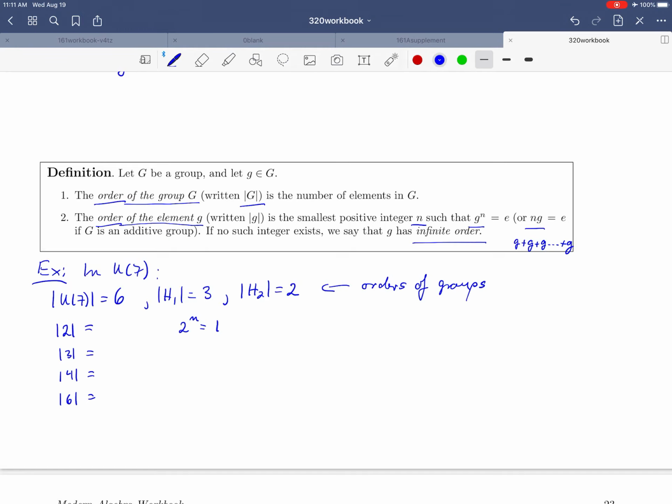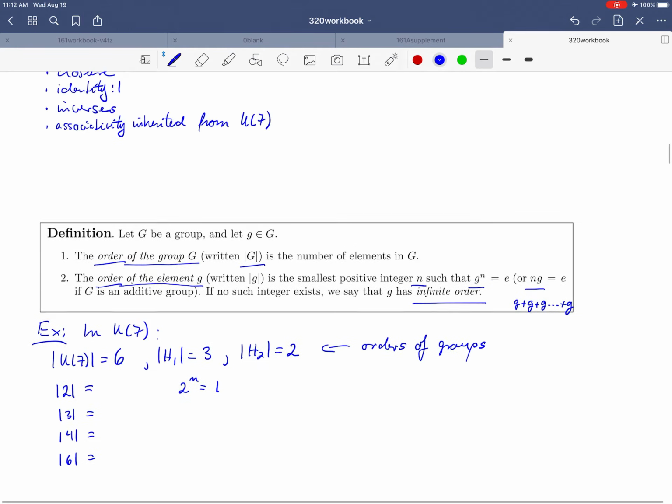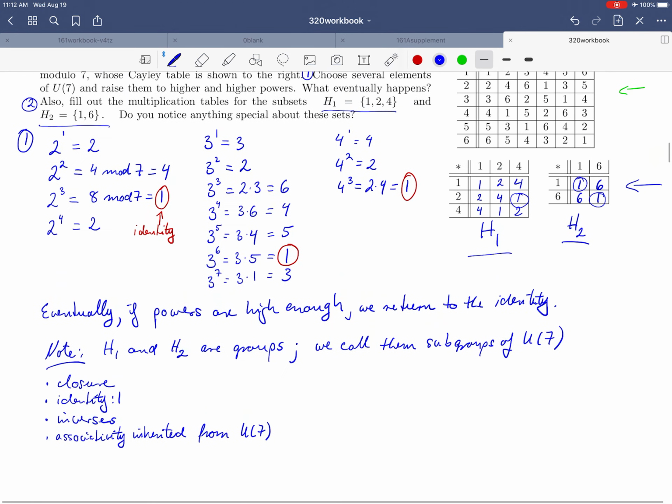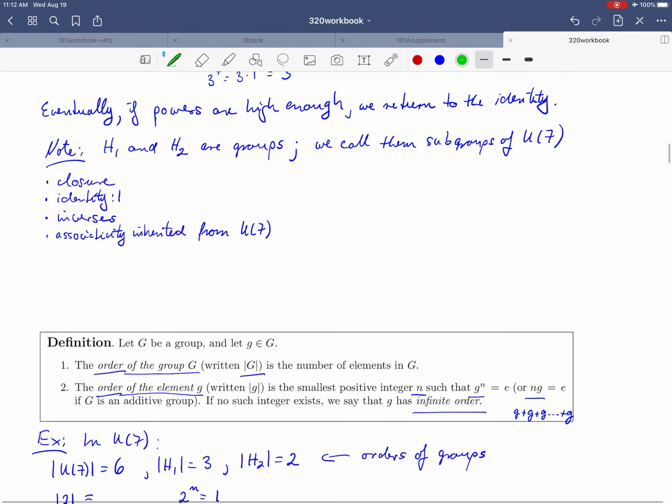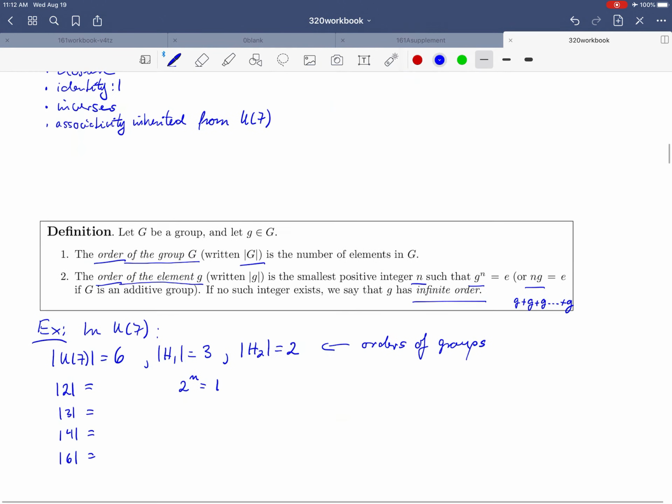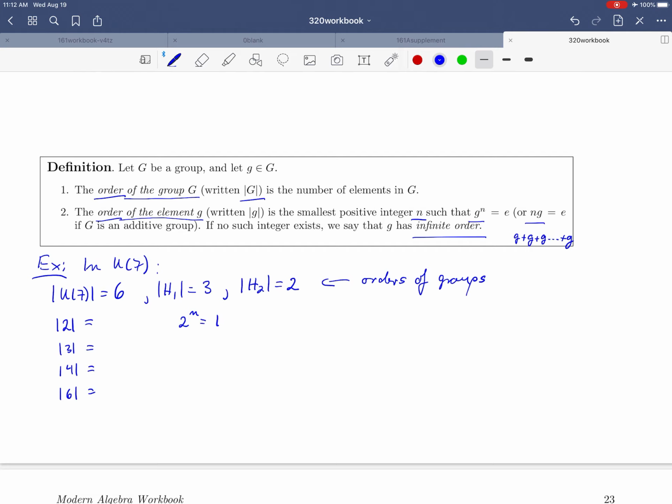And if we are going back up, the smallest such integer was 3. We needed to take 2 to the third power, 2 times 2 times 2, to get the identity back. And so the order of 2 is 3.